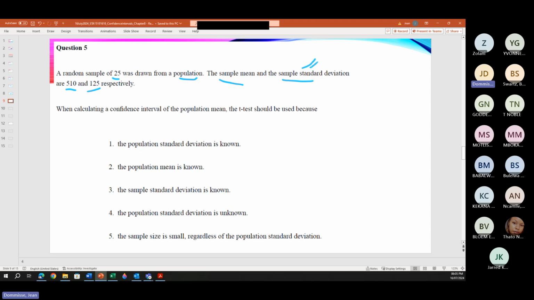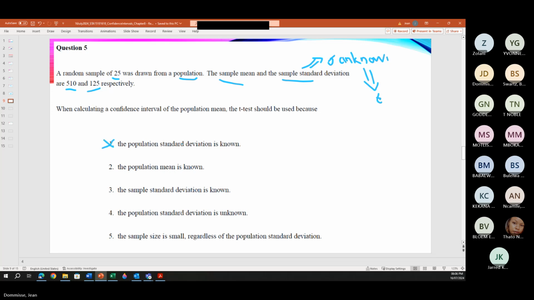Sample standard deviation tells me that my population standard deviation is unknown. Okay, if I know that, it tells me we're going to work with a t. So they tell us when calculating a confidence interval of a population mean, the t-test should be used because: population standard deviation is known?